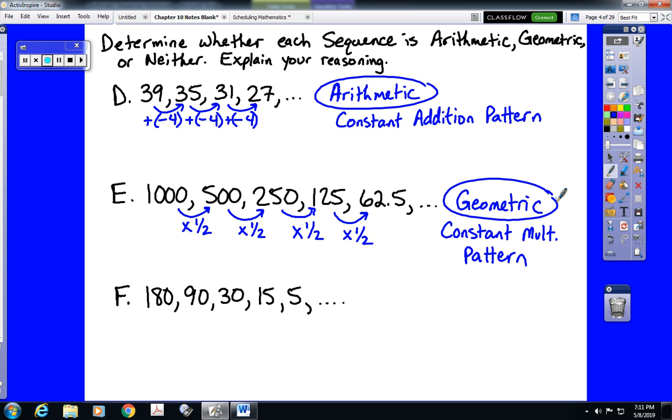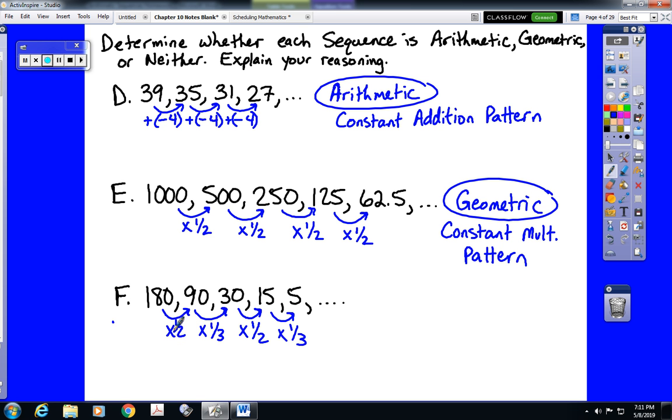Finally, our last example is actually kind of a tough one to spot for some people. It is a multiplication-based pattern. However, it is not a constant multiplication-based pattern. So first we multiply by 1/2, or divide by 2, whichever way you want to look at it. And then we multiply by 1/3, and then by 1/2 again, and then by 1/3 again.